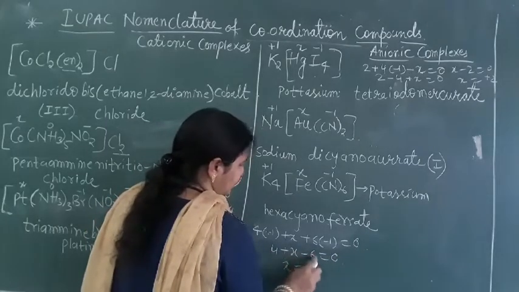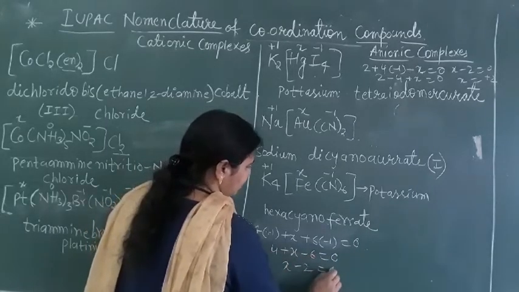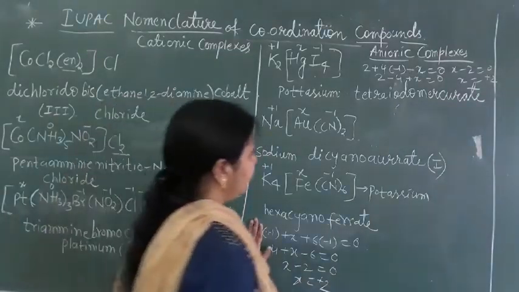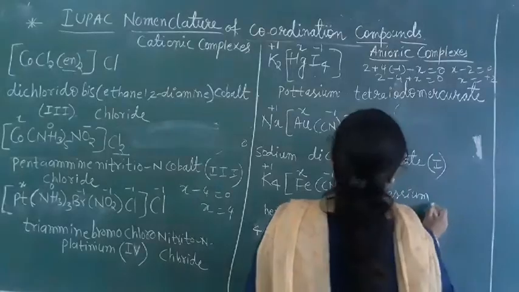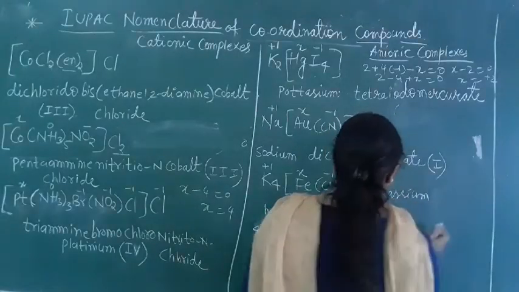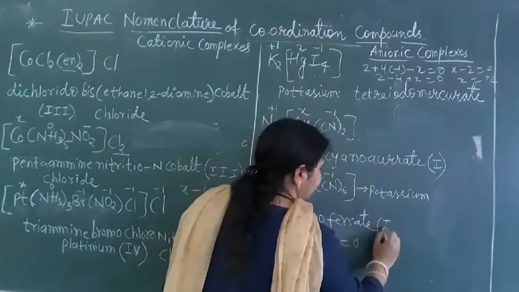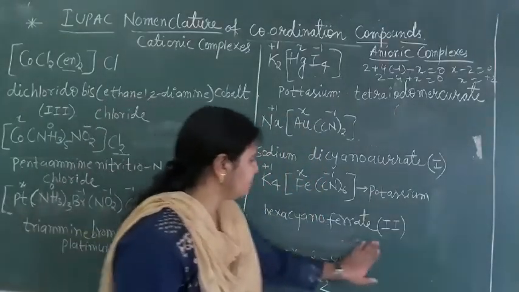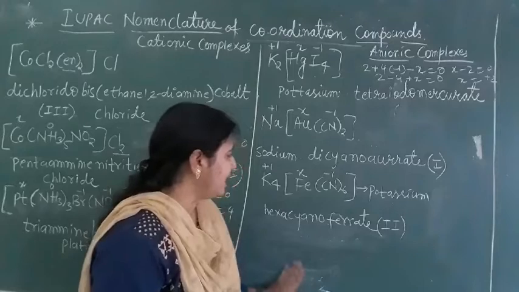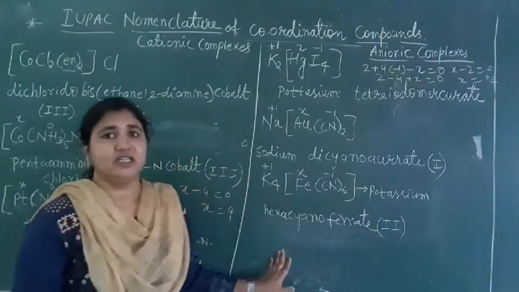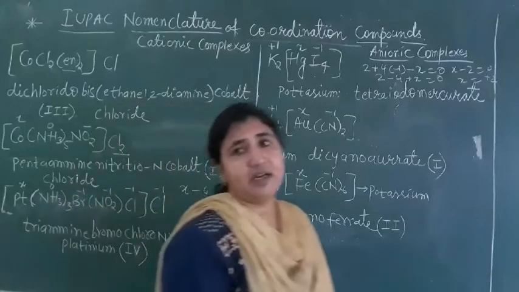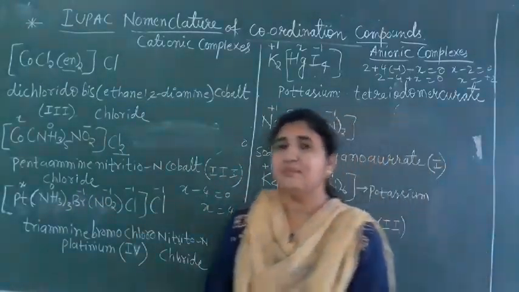So X is equal to plus 2. So what will the iron oxidation number be here? 2 will come here, right after this. Okay. So like this you should find out the oxidation number and write it in the parenthesis. So these are cationic complexes and these are anionic complexes. Still, more examples are there.